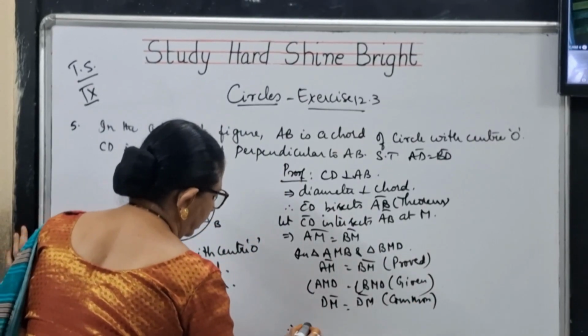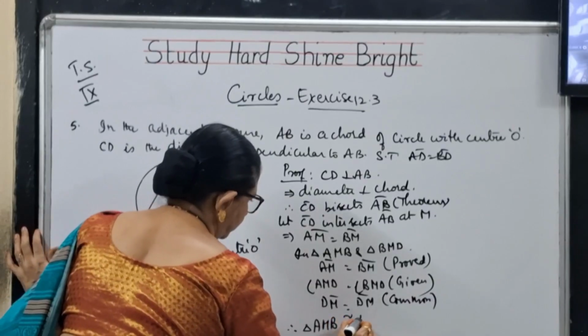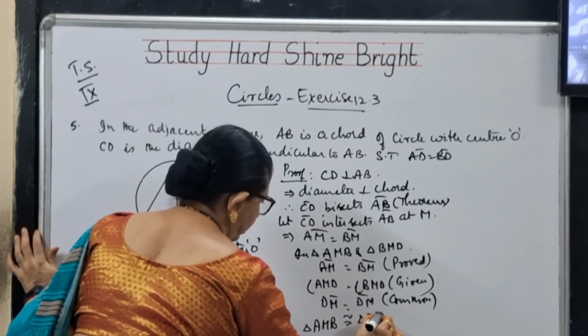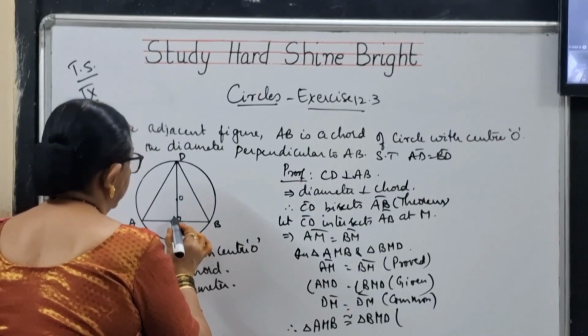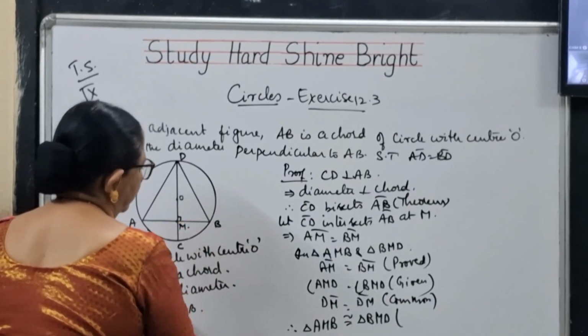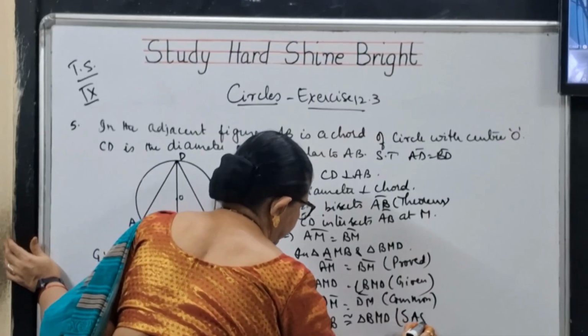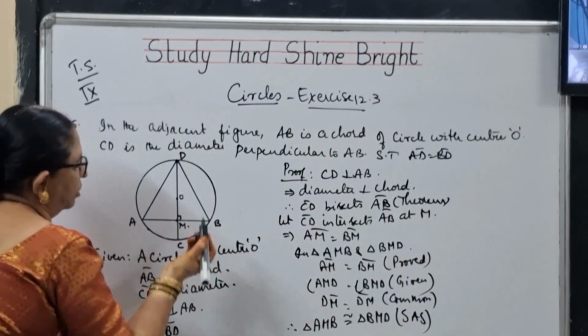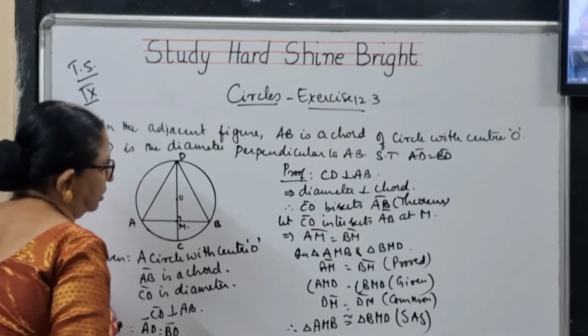Therefore, triangle AMD is congruent to triangle BMD, basing on side angle side, because we are talking about side angle side. Even though it is a right angle, we can't go for RHS because this is hypotenuse, we didn't prove that it is equal.